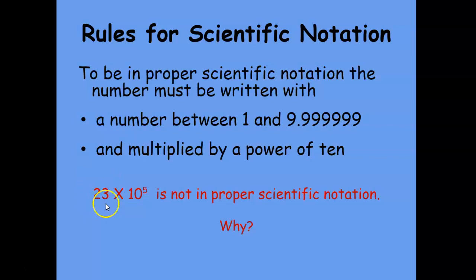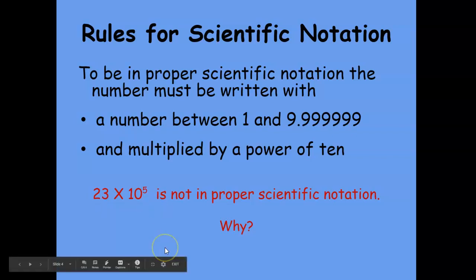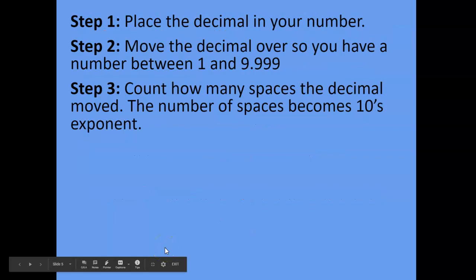If we wanted to make this proper scientific notation, we would put a decimal between the 2 and the 3. That would become 2.3, and then that would be a number between 1 and 9.999. So there are 3 steps to keep in mind when we are converting a number into scientific notation.